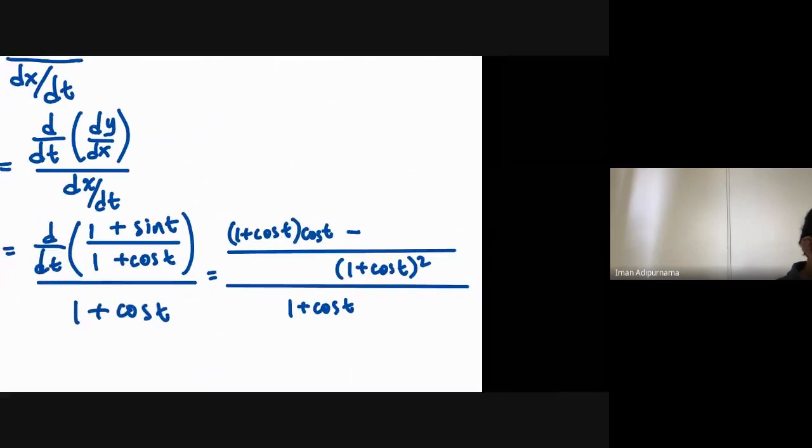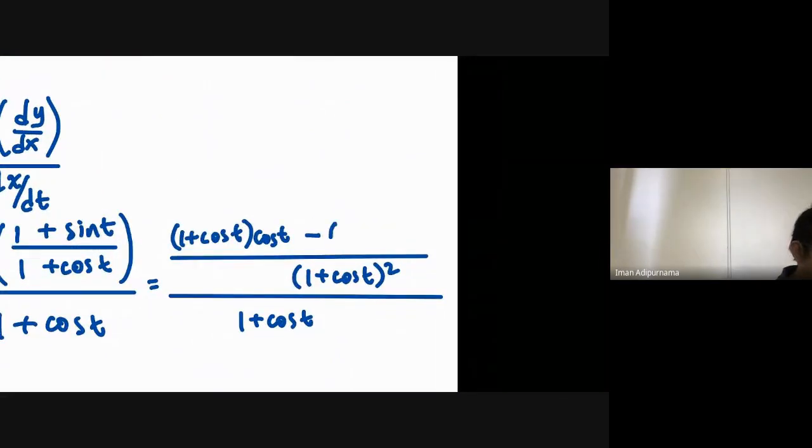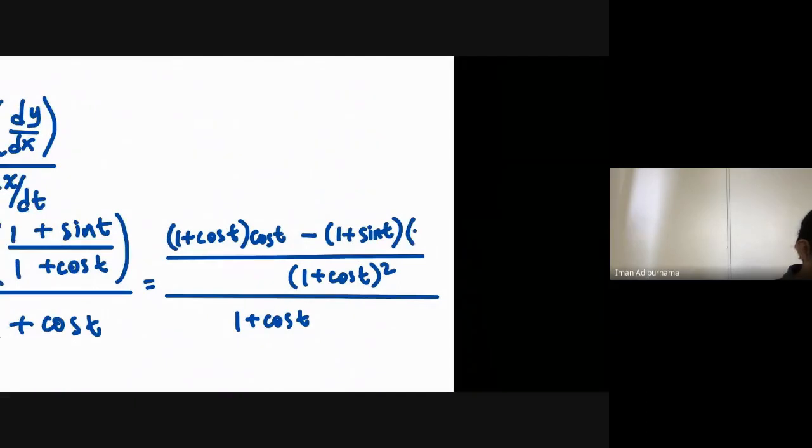And then minus the 1 plus sine t, multiplied with negative sine t.